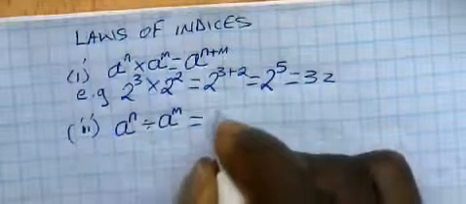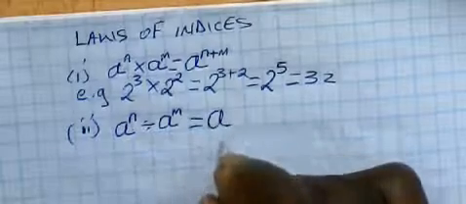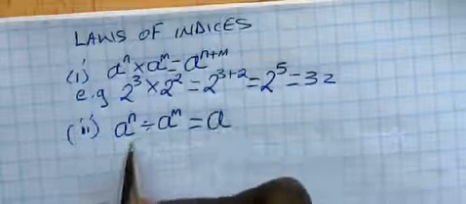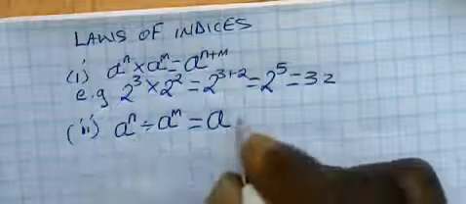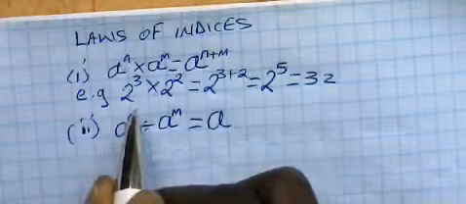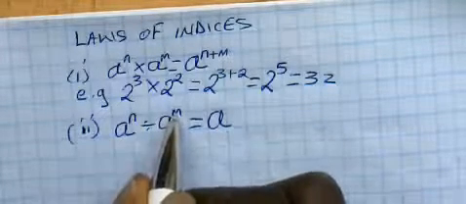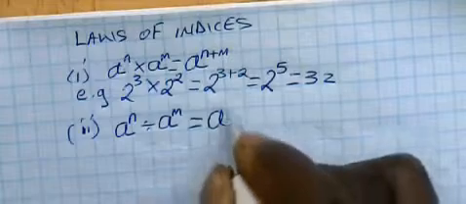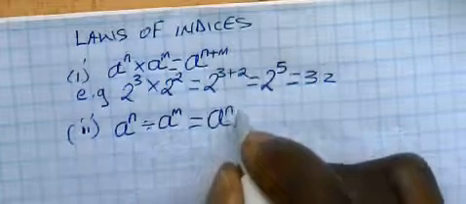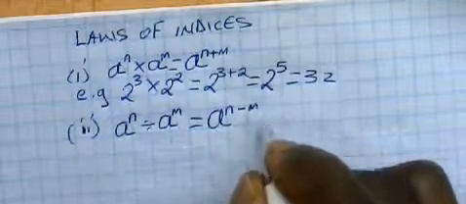So it is equal to, you take one of the a's and you subtract the powers when this is a division sign. So you take the first one, but you must have the first one minus the second one, not the other way around. So you shall have a to power n minus m.